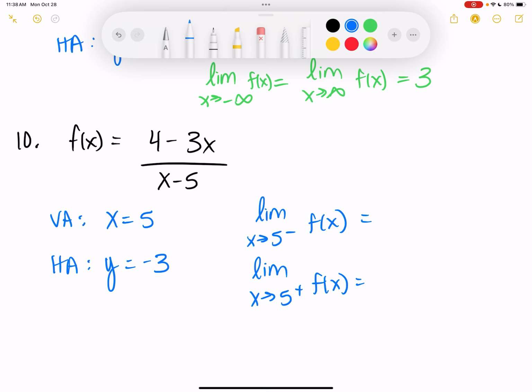It's going to end up with a negative over a negative, right? Negative 3 times negative something is going to be a positive. Oh, wait, it's not a negative number, sorry. 4.999 is a positive number. Negative number times a positive number is negative, over a negative number. So that is positive, a positive infinity.